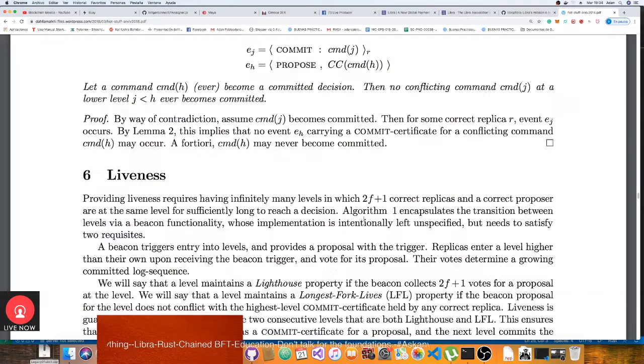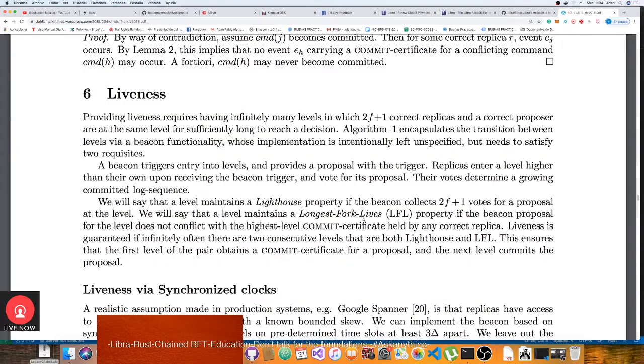So we have here that liveness requires having infinitely many levels in which 2f+1 correct replicas, a correct proportion, are in the same level for long enough to reach a decision. So we have this algorithm that encapsulates the transition between levels via a beacon functionality, whose implementation is intentionally left unspecified, but needs to satisfy two requisites.